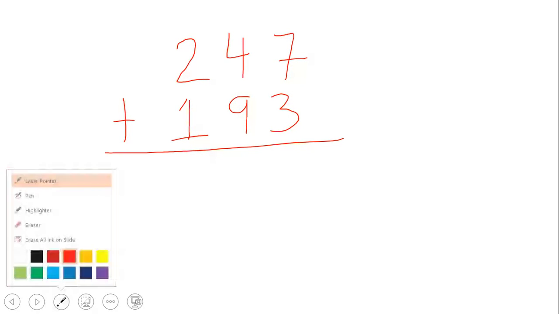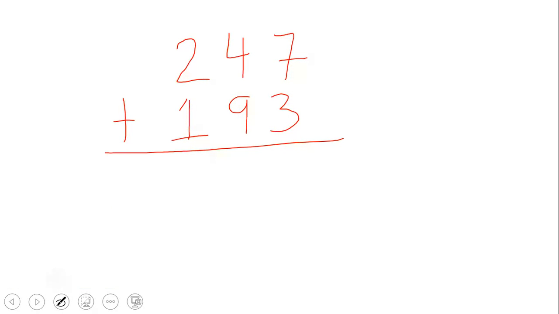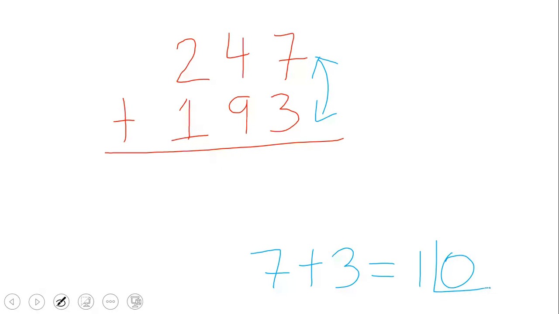We begin first with the ones column, and notice the digits in the ones column are 7 and 3. So we say 7 plus 3. 7 plus 3 is indeed 10. We take this 0 and place it below the 3, and we take this 1 and place it above the 4.